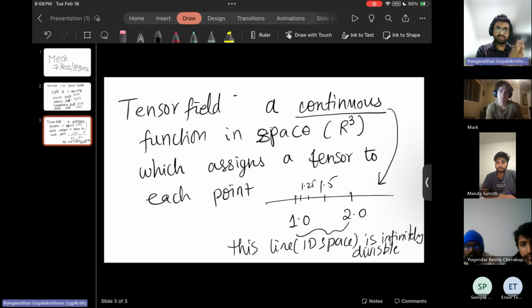It's like saying every point, no matter how many decimal points of precision you add to that position vector, still has a value of that quantity assigned to it.